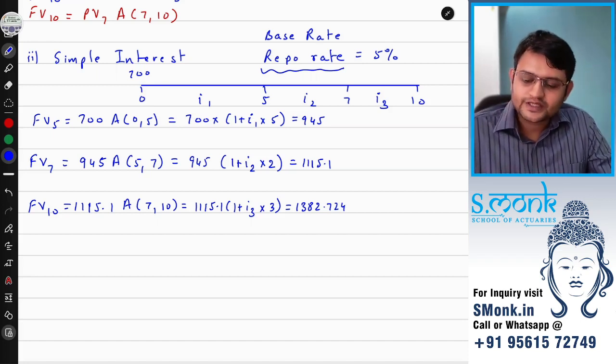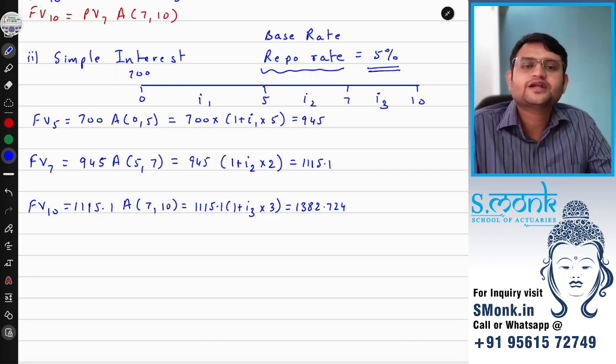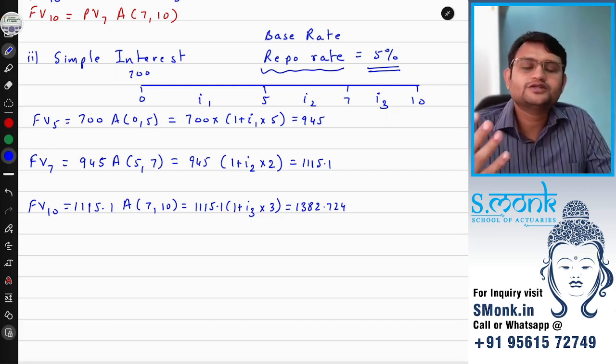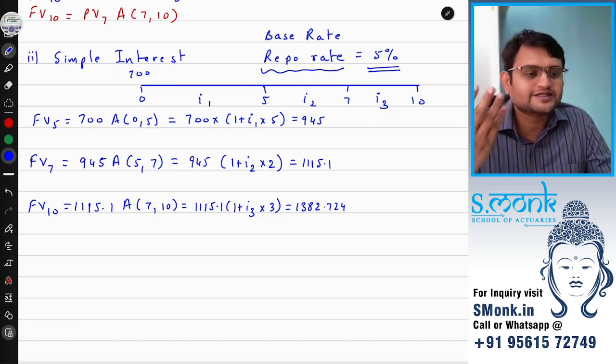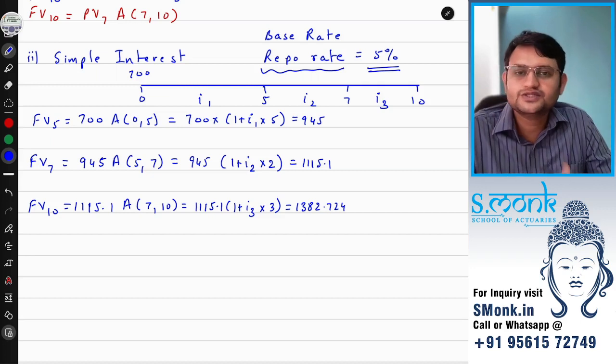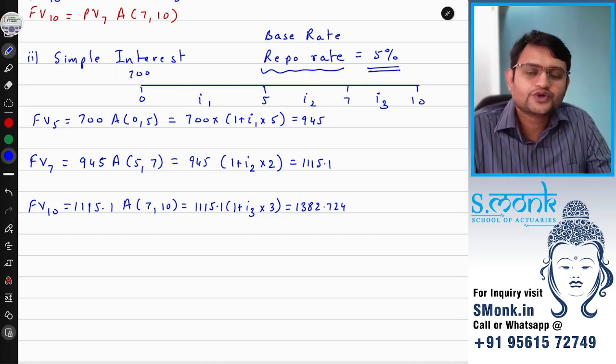So usually the bonds that are released by the government are released at the repo rate. That's the minimum rate of interest that anybody can get. And the government bonds have almost zero risk. The chances that the government will not return you your money is almost negligible. So that is zero risk.